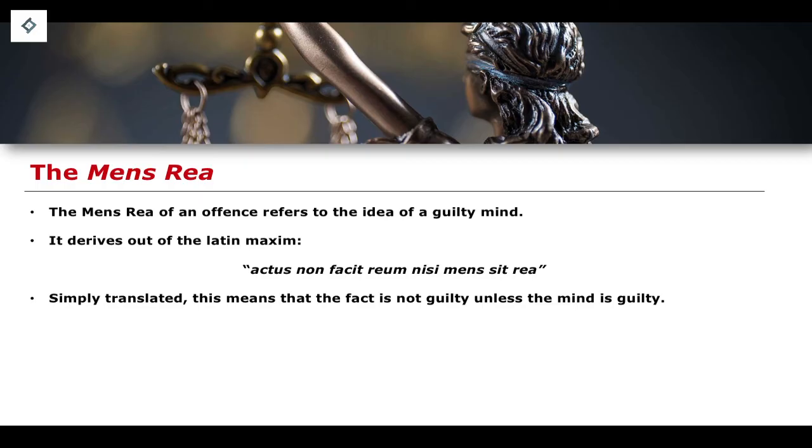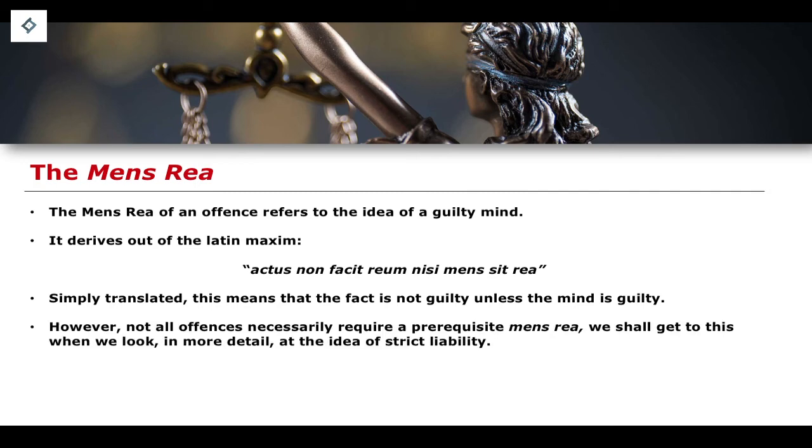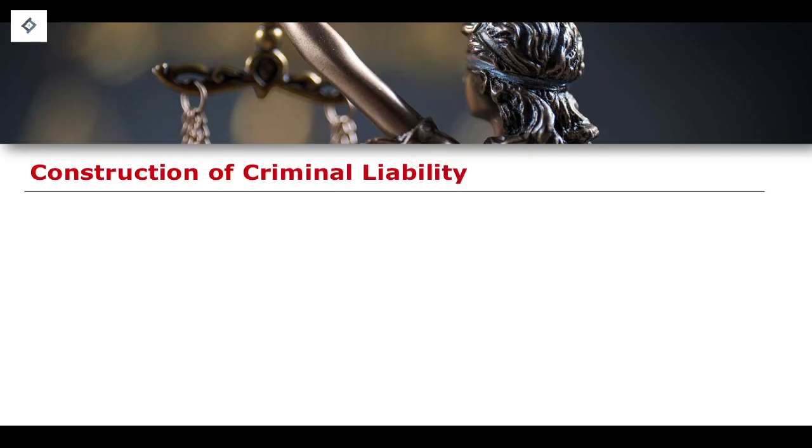I'm going to put a little asterisk there because, of course, you also have strict liability offences, which take mens rea very little into account. They're generally not that bothered about the mens rea in strict liability offences, and we'll get to that in the future. So there is not necessarily a prerequisite mens rea in every single case.